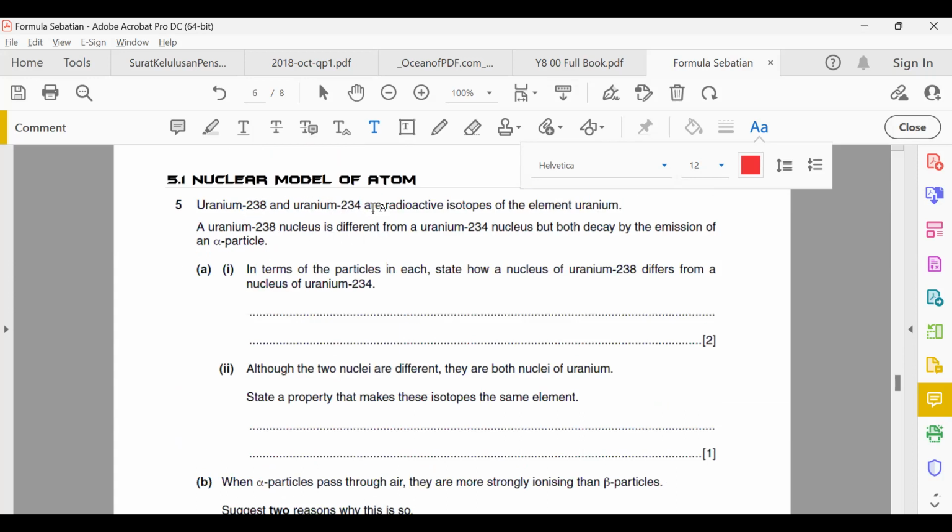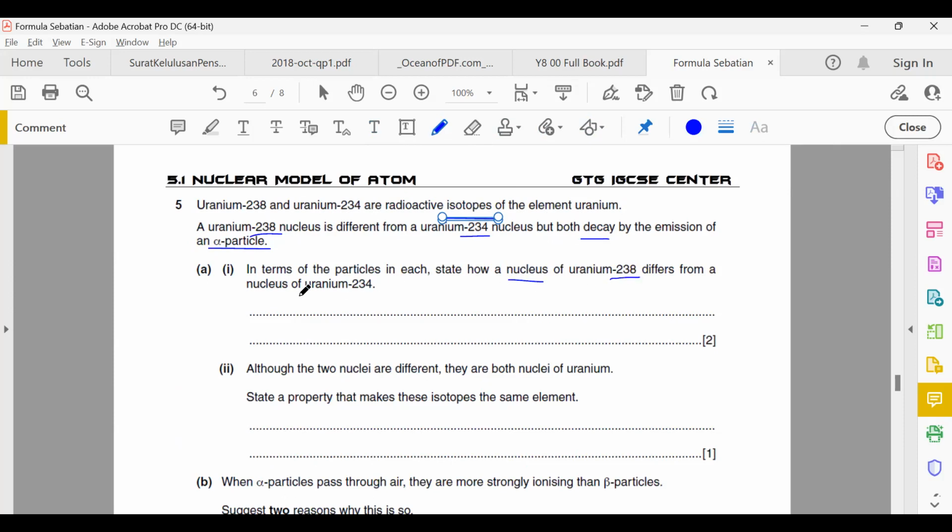Uranium-238 and uranium-234 are radioisotopes, isotopes of an element. A uranium-238 nucleus differs from a uranium-234 nucleus, but both decay by the emission of alpha particles. In terms of particles in each state, how does a nucleus of uranium-238 differ from a nucleus of uranium-234?